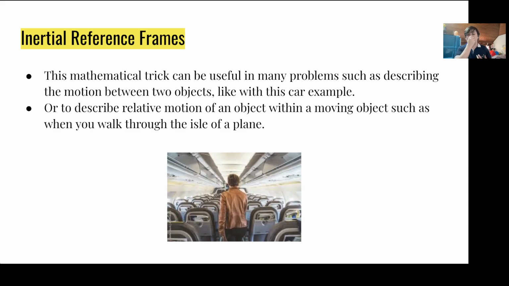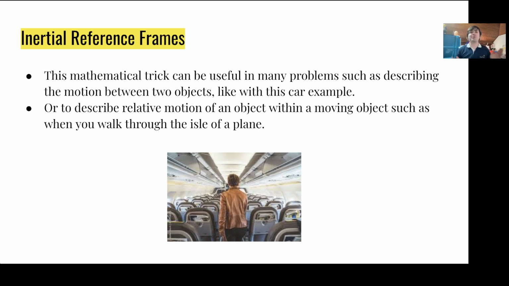And then also, describing relative motion is very useful when you have a person inside of another moving object. So basically, if you're inside of a plane and the plane is traveling, like 300 miles an hour, and you walk to go to the bathroom, you're not going to say, oh, I was walking at 300 miles per hour plus 1 mile per hour, however fast you're walking.